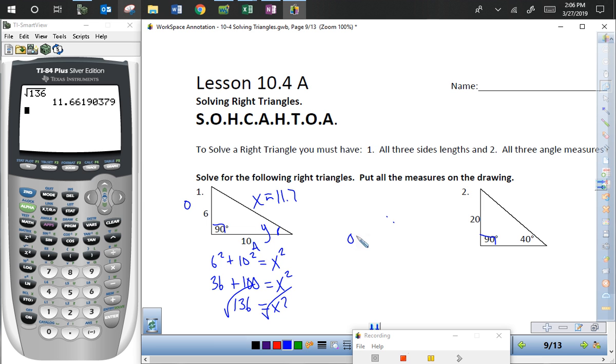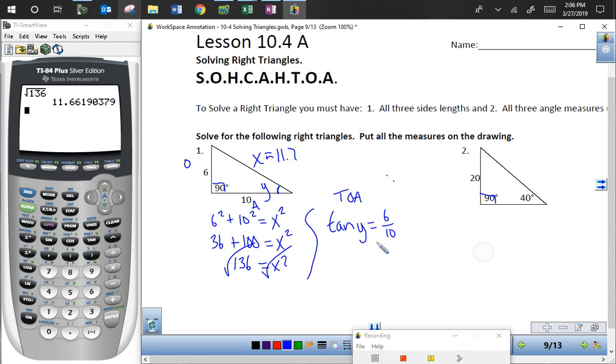O and A tells us TOA, or tangent. So tangent of the angle, ours is y here, equals opposite on top, 6, adjacent on the bottom, 10. What we have to do is solve for y. In this case, y is an angle. It's on the inside, so that means we use the inverse tangent to solve for y.